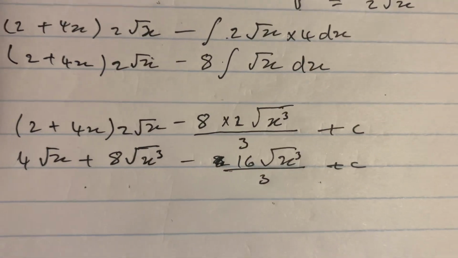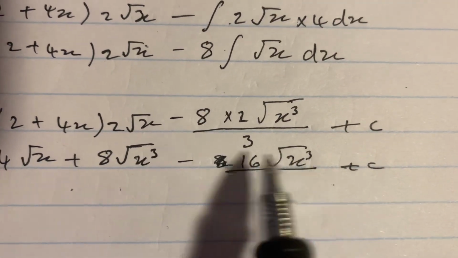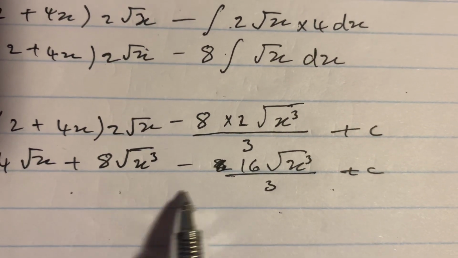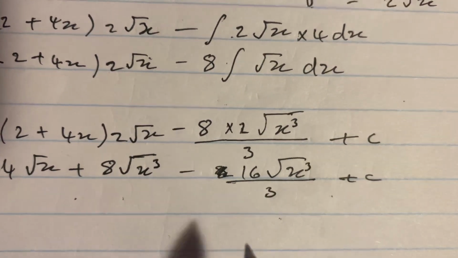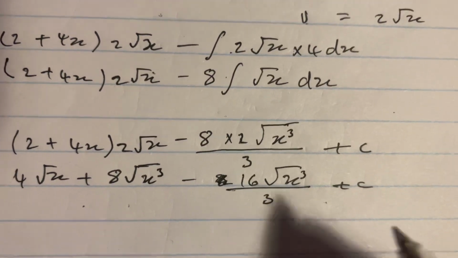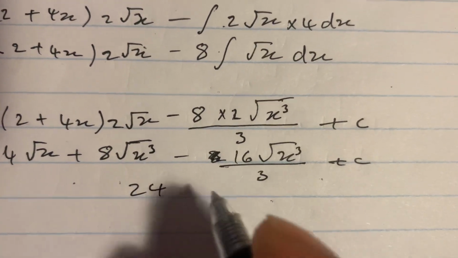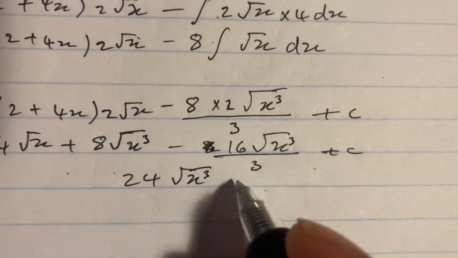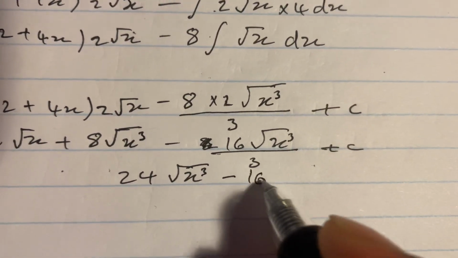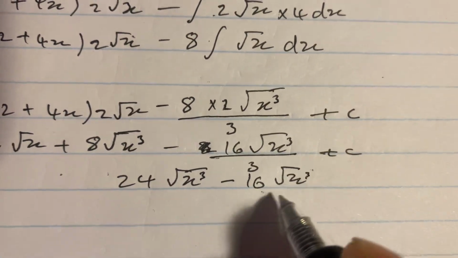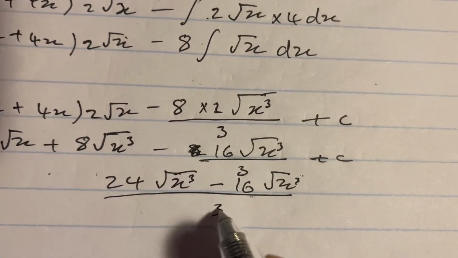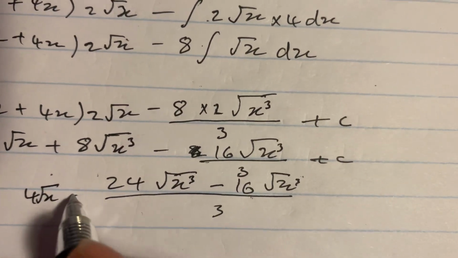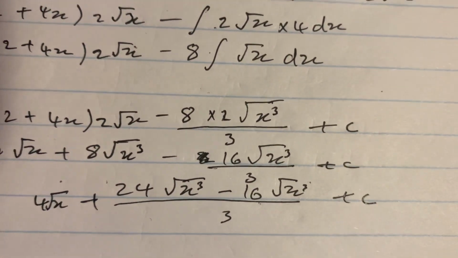Note that now these are like terms, so you can add them. To add this one with that one, you just need to multiply this one by 3 over 3. If you multiply by 3 over 3, you get 24 square root of x to the power of 3, minus 16 square root of x to the power of 3, divide this whole thing by 3, plus 4x square root of x, plus c there.